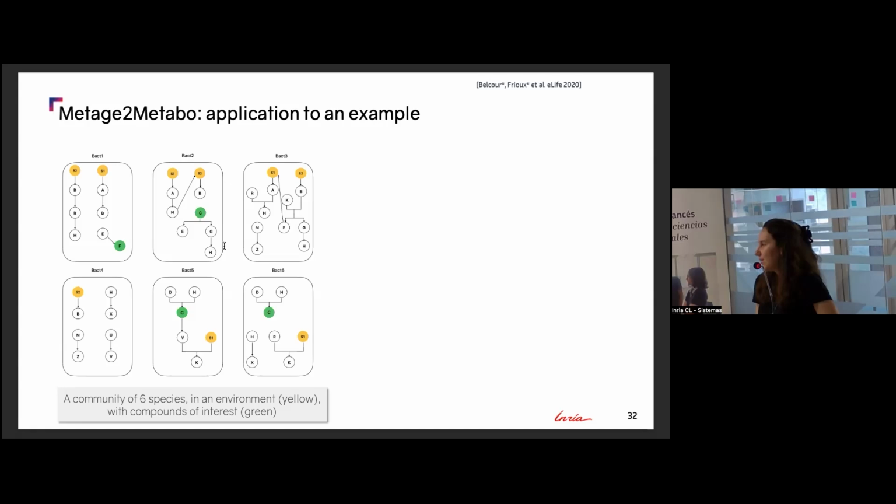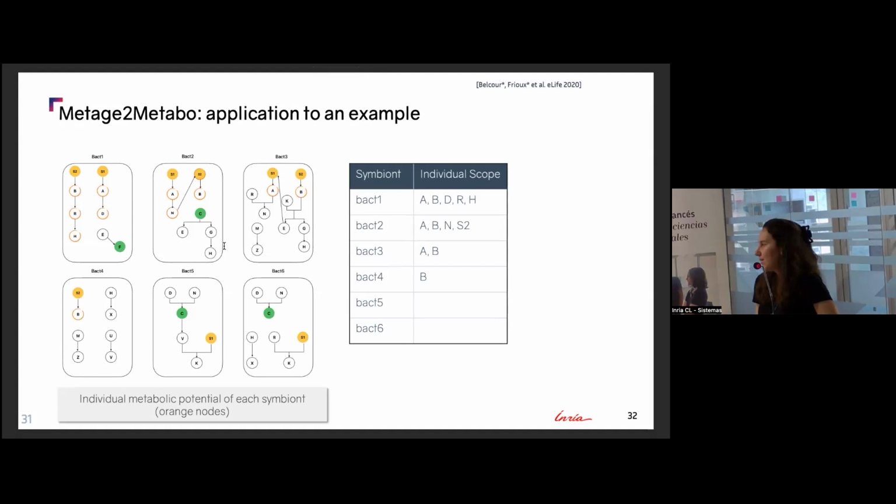The yellow ones are the descriptions of the seeds, so what is available from the medium, and the green compounds are the compounds that we are interested in, that biologists want to understand the production of. So what the tool can do is first to describe what is producible by each member individually, given the environment. Here it's a toy, so it makes no sense biologically, but you have two bacteria in this case that cannot produce anything by themselves.